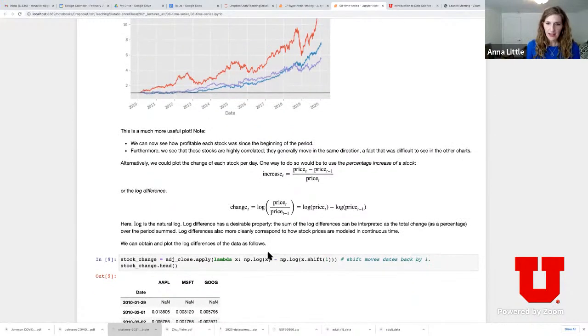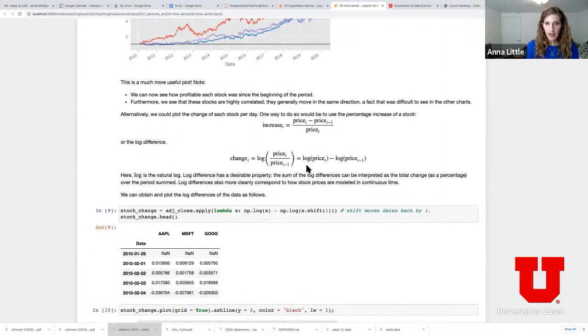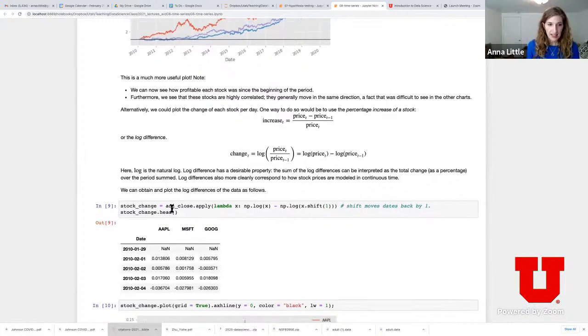Okay, so let's take a look maybe at what this looks like if we plot the log differences. So here we're going to, again, take the adjusted close data frame, and we're going to apply a lambda function, but this time we're going to apply the lambda function that maps the data series x to the log of x minus the log of x shifted by 1.